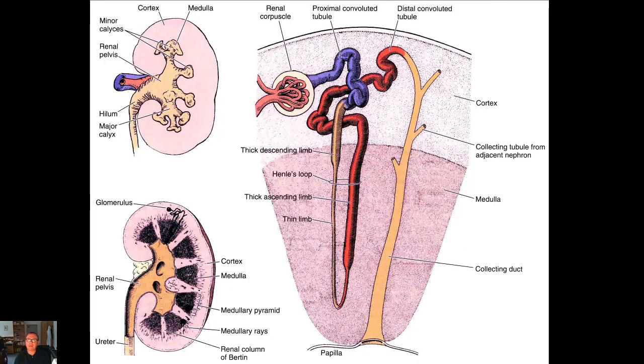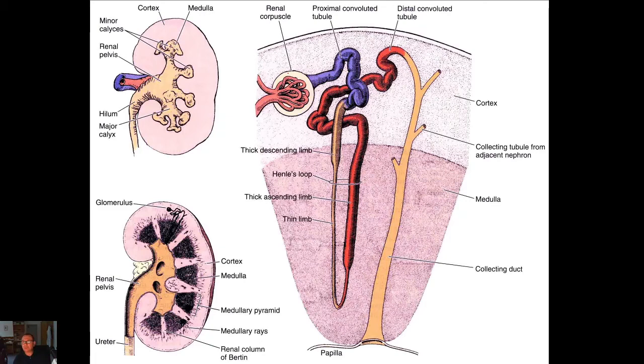Here is a schema of a nephron. So, the renal corpuscle contains a Bowman's capsule. So let's say this white or whitish area of the renal corpuscle is Bowman's capsule. You will see in a higher magnification that it has its parietal and visceral layer.